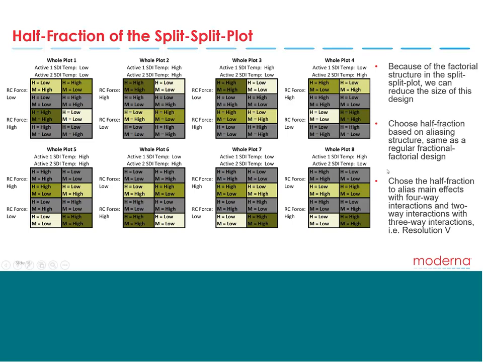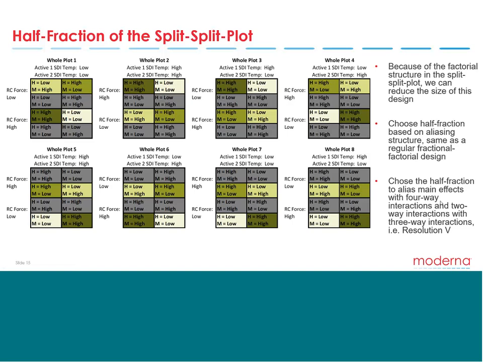So we know we don't need to estimate our four-way interactions and three-way interactions. So what we can do is confound our four-way interactions with the main effects, and confound our three-way interactions with the two-way interactions. And by doing that, we can actually remove 32 of these runs and end up with a 32-run design.